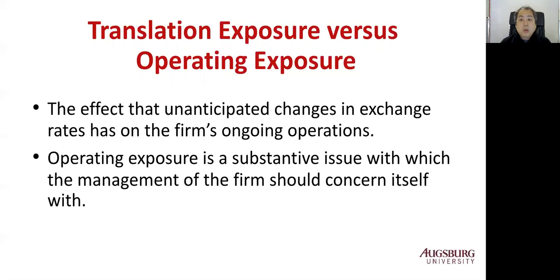In addition, it would only have a realized effect on the net investment in the multinational company if the affiliates' assets were sold or liquidated, right? However, the depreciation of the local currency may have a favorable operating effect. So on the operating side, you may get a benefit from these depreciations.